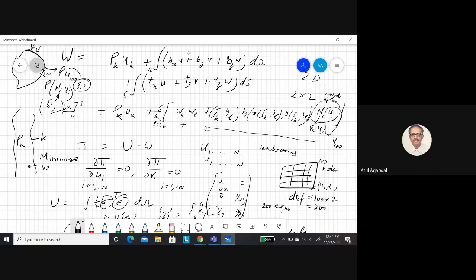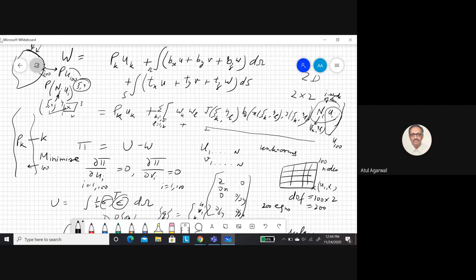So you see, you have to find derivative of this with respect to these nodal displacements. So your derivative with nodal displacement, only u100 is there. So rest of the thing comes as your answer. If suppose you had u99, then if you take derivative with u100, you get a 0.